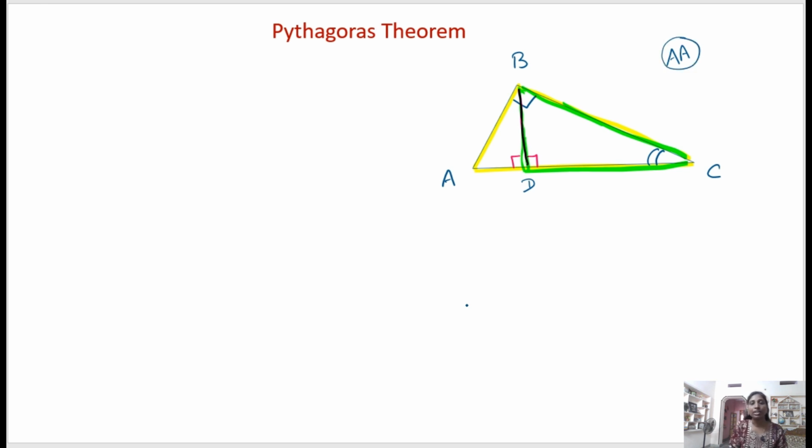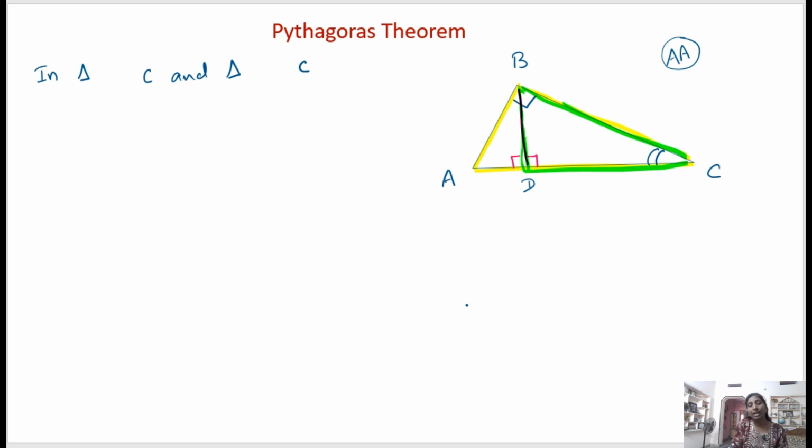So here order is very important. Okay, so here how I am writing, look carefully. In triangle, and here also I will write triangle. Now this order is very important. Here one angle is common. Which angle is common? Angle C is common. Let us write angle C at the end in both the triangles.